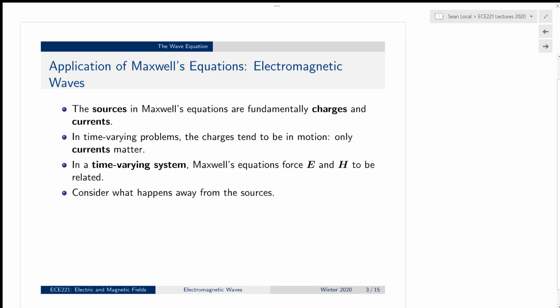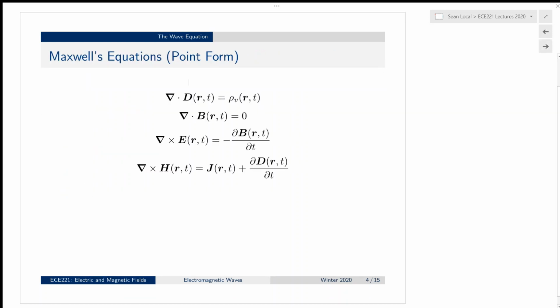So we need to begin with Maxwell's equations, and before we talk about these points here, let's just pull them up. So these are Maxwell's equations in point form. And we have been spending a great deal of time in our course solving for the fields, mainly on the left-hand side of these equations.